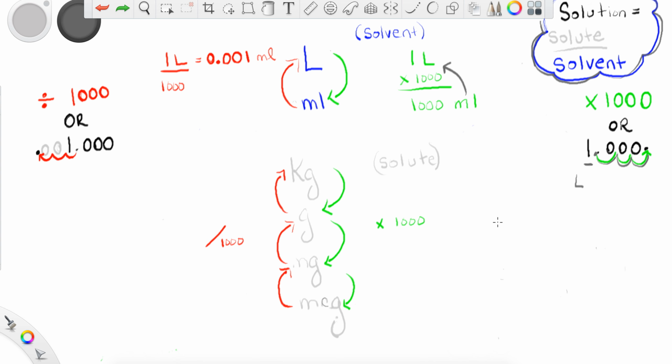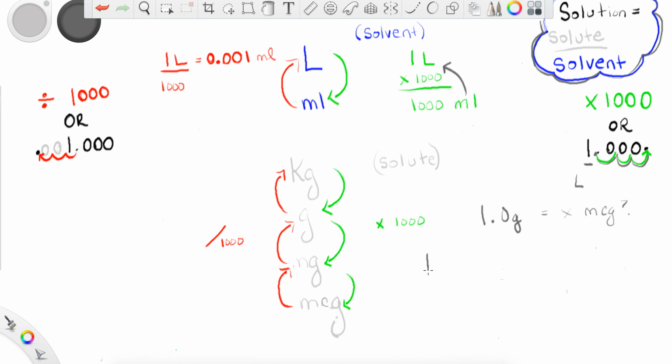And if you don't want to multiply by 1,000 and then multiply by another 1,000 and end up with an enormous number that's going to be in the millions, then simply move the decimal point over. So if you wanted to find out how many micrograms were in a gram, we've got 1.0 grams, and we want to know how many micrograms that equals.